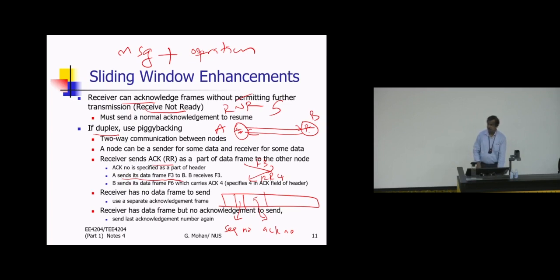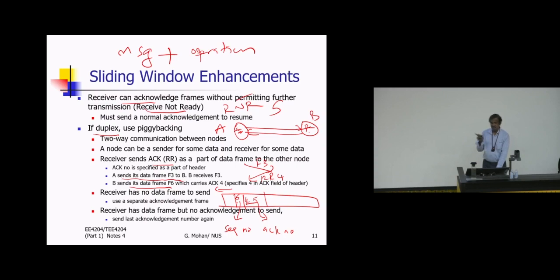It can ride on it. So let's say B has a data frame number 6. In that case, the receiver will send this frame to the sender, where the sequence number will be 6 and the acknowledgement field will be 4. So when the receiver receives this frame, it understands that it is receiving RR4, and also the data frame which is number 6. Is that okay?